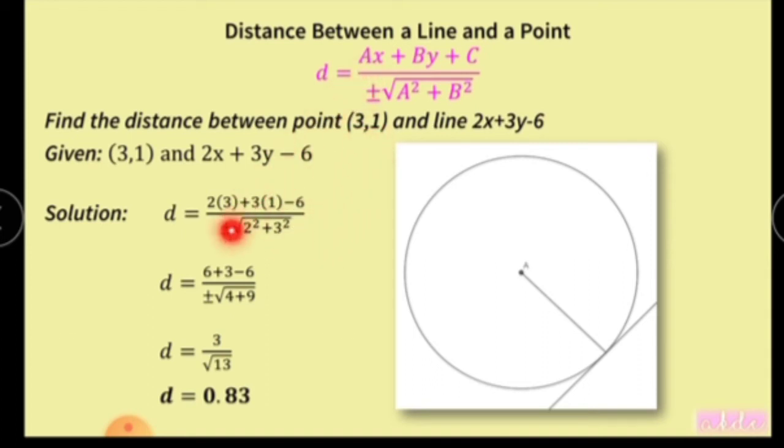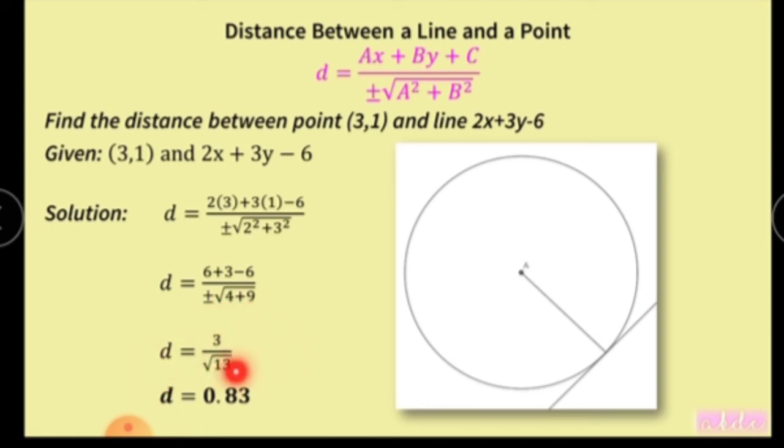Okay, so for ax, we have 2 times 3, plus by, we have 3 times 1, minus 6, the constant, all over positive or negative square root of a squared, which is 2 squared, plus b squared, which is 3 squared. Simplify: 2 times 3 is 6, 3 times 1 is 3, minus 6, all over 2 times 2 is 4, 3 times 3 is 9. So 6 plus 3 minus 6 is 3, all over the square root of 4 plus 9, which is 13.